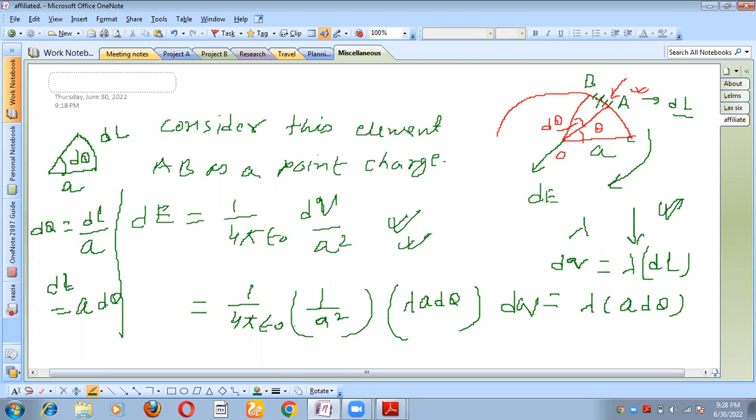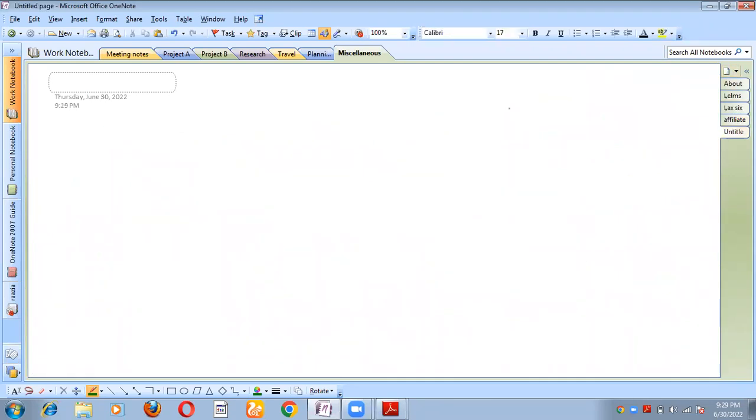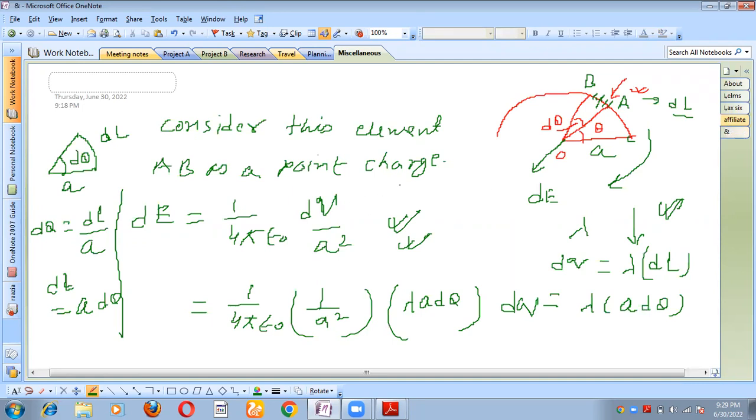Let us integrate. Let us see what happens to the field. So here I am integrating. dE is equal to, let us see what result we are getting. 1 by 4 pi epsilon naught, we will get lambda d theta by a square, right?